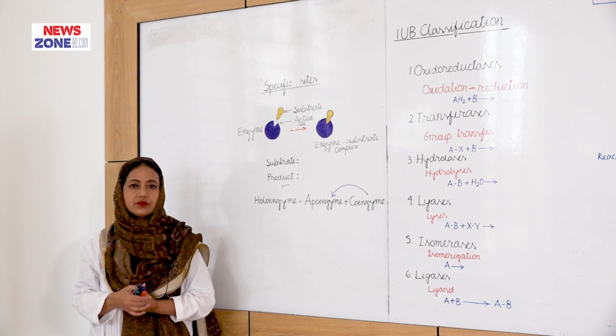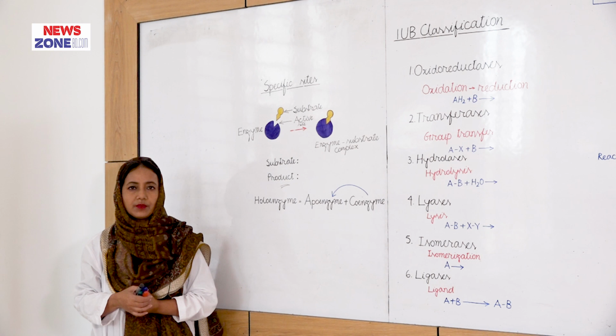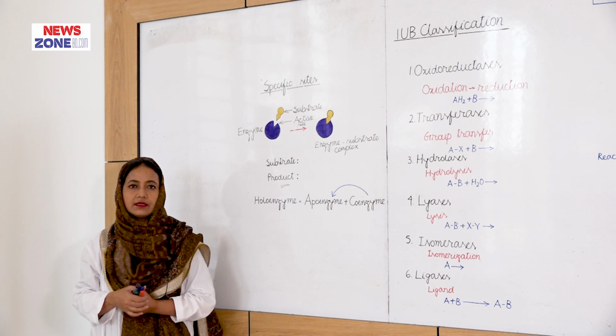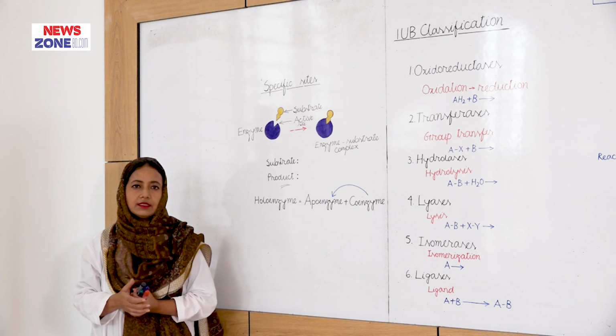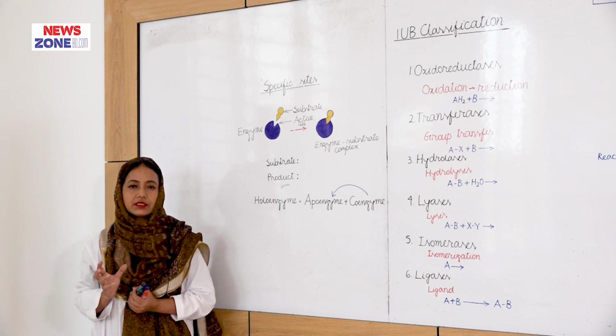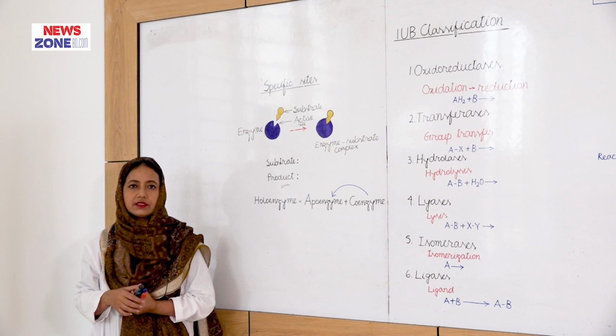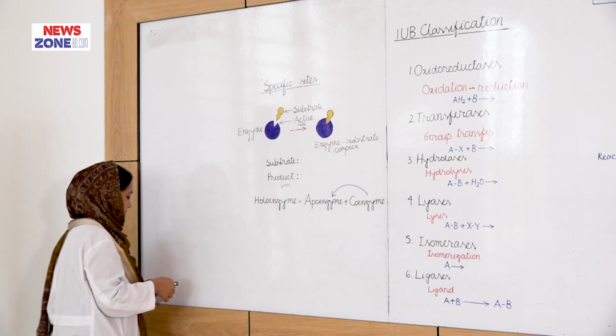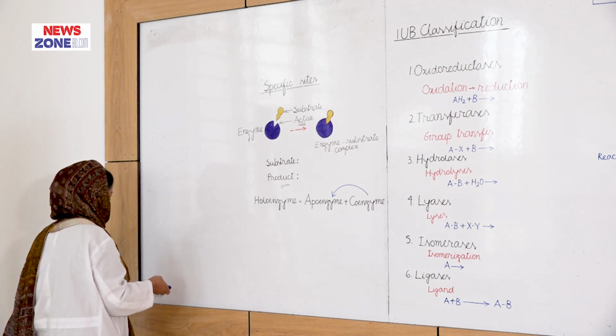These are oxidoreductases, transferases, hydrolases, lyases, isomerases and ligases. But in general, the suffix -ase is attached to the substrate for naming the enzyme. It is known as the recommended name. So, enzymes are classified in general into 2.